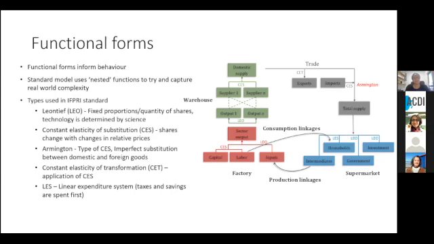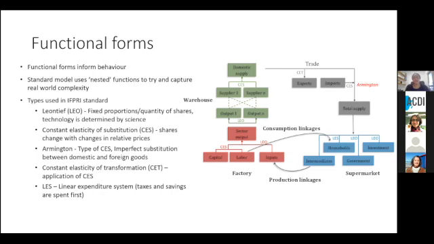So the types of functional forms that are used in the standard model include the Leontief. So that's basically fixed shares used to combine, for example, intermediate inputs of producers. So you can think of that as a recipe for baking a cake. You have to use a certain amount of eggs, a certain amount of flour, etc. So those proportions stay the same.